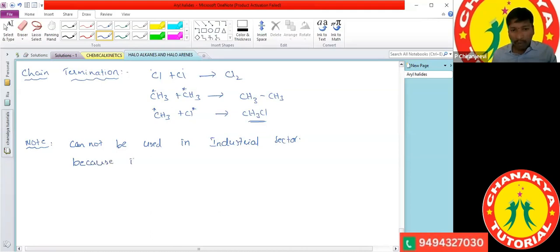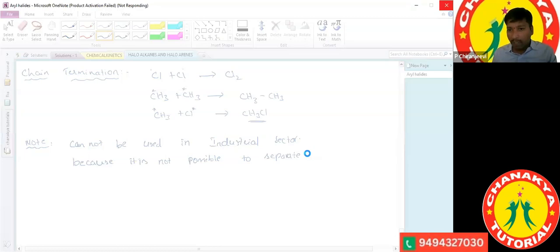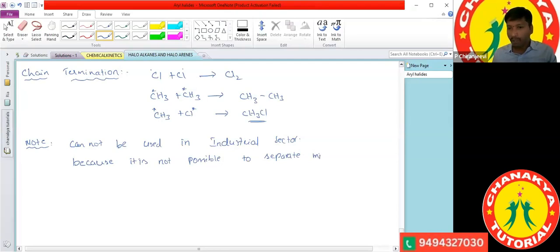Because it is not possible to separate a mixture of products into individual products. So now you got the clarity?